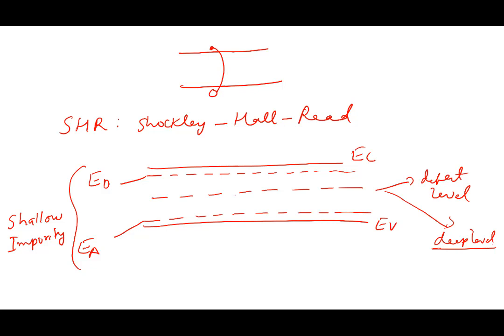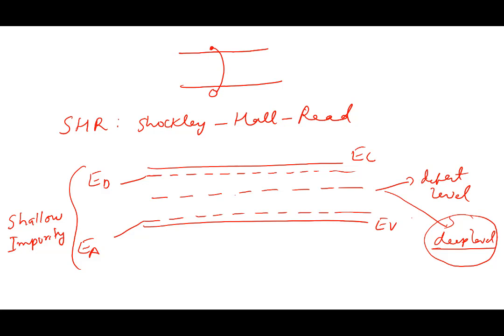How large? For example, a defect level could be right in the middle, about 0.5 eV. The silicon band gap is about 1.12, so it's roughly in the middle of the conduction and valence bands. So recombination predominantly occurs due to deep levels.